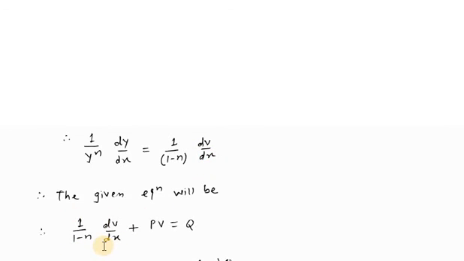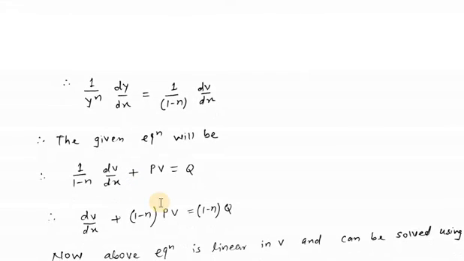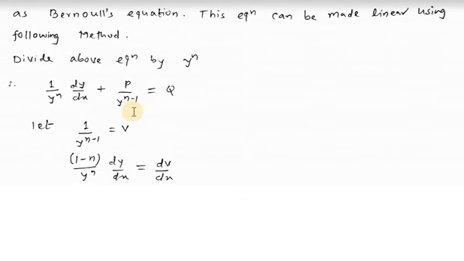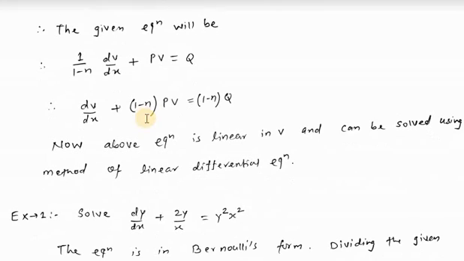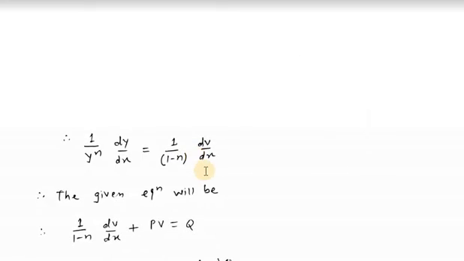So it will become 1 over (1 minus n) dv by dx plus this one, p as it is, and 1 over y raised to n minus 1 is v, and this q as it is, right?